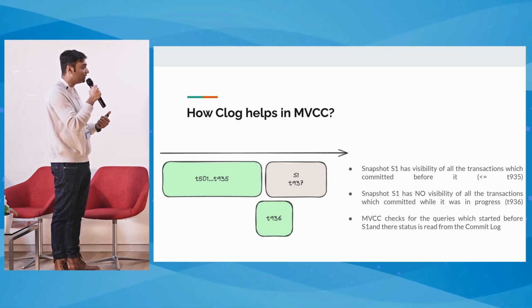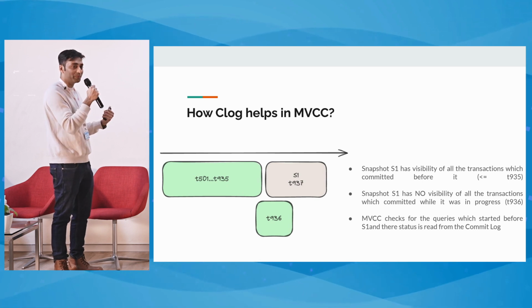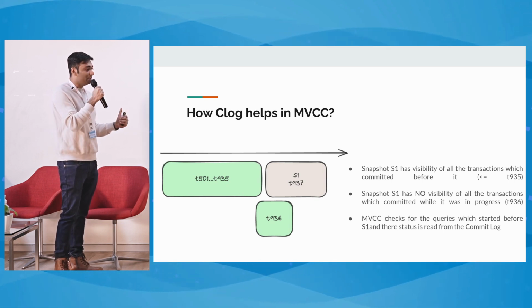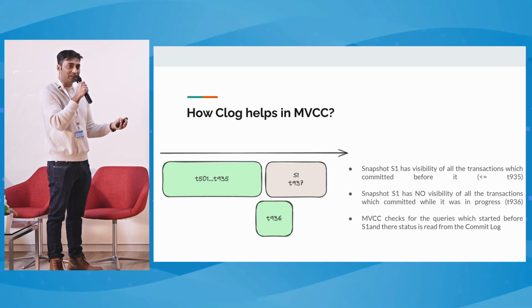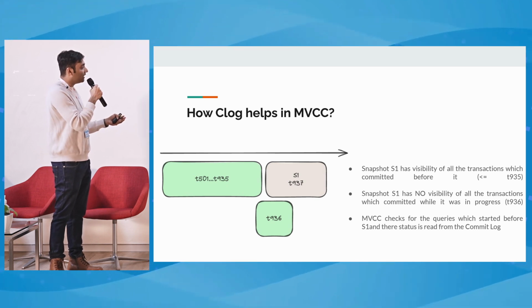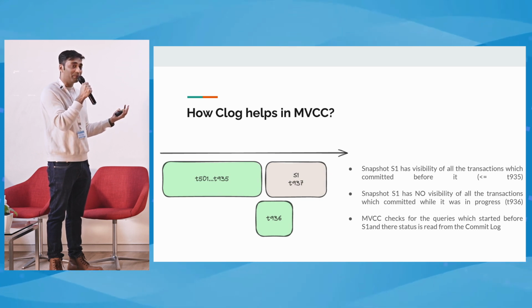There is information in the tuples, but another way to look into this is the commit log. PG takes the snapshot, sees all the transactions which are part of my snapshot, goes to CLOG and checks whether this transaction has been committed at that point or not.